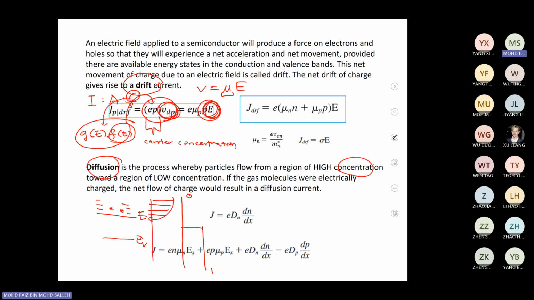This mobility is defined with e the electronic charge, tau the scattering time, and m star the effective mass. This we call the effective mass of the electron.